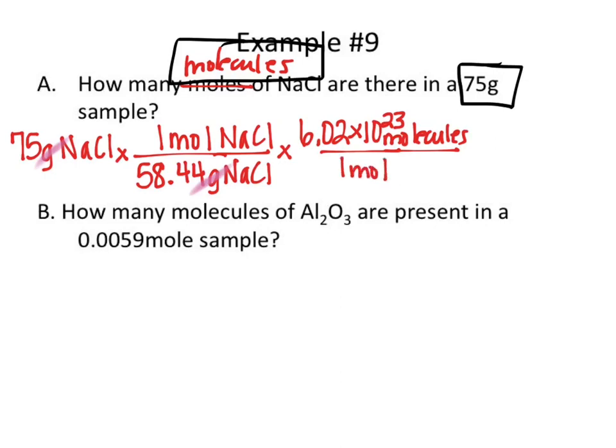Again, moles cross out, and we are left with molecules as our unit. And we needed to get to molecules. So we are in the correct unit, which means we are ready to do our math.